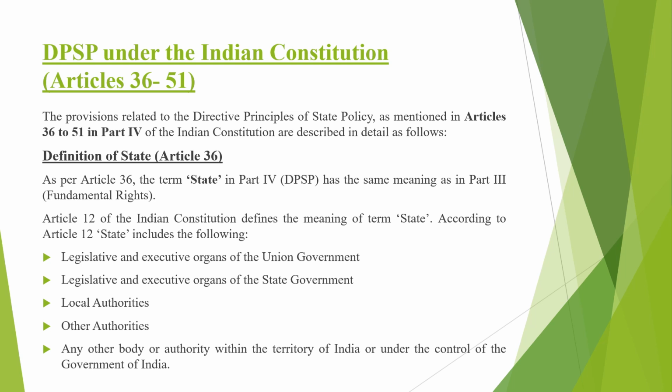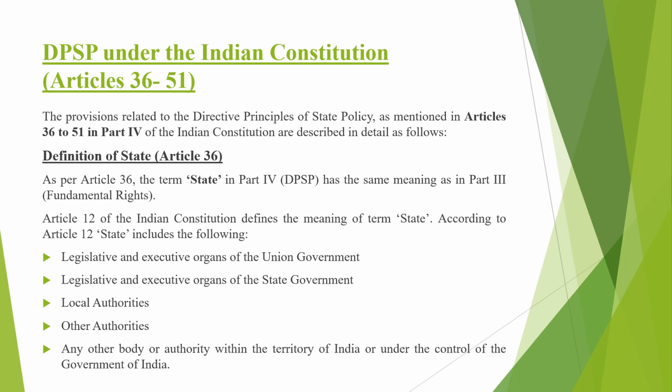Next, we have other authorities which are further divided into statutory authorities and non-statutory authorities. Statutory authorities include institutions such as National Human Rights Commission, National Commission for Women, and various tribunals and commissions. Non-statutory authorities include the Central Bureau of Investigation and Lokpal, among others.